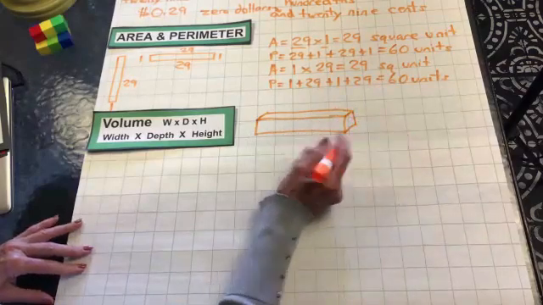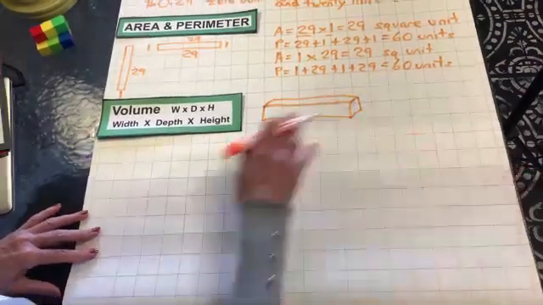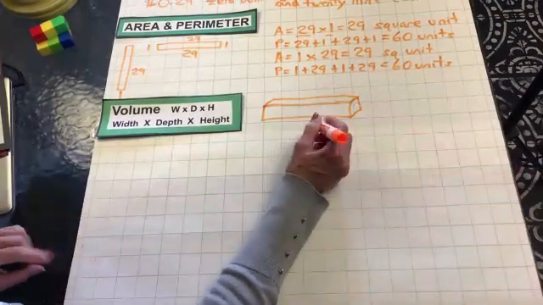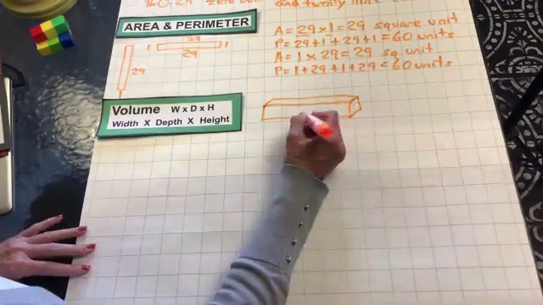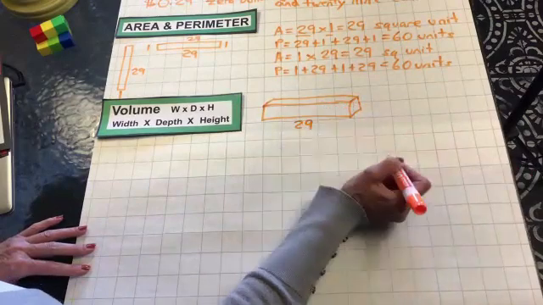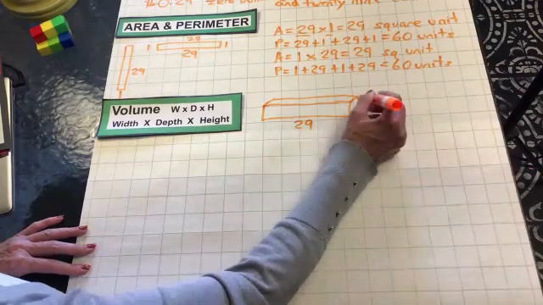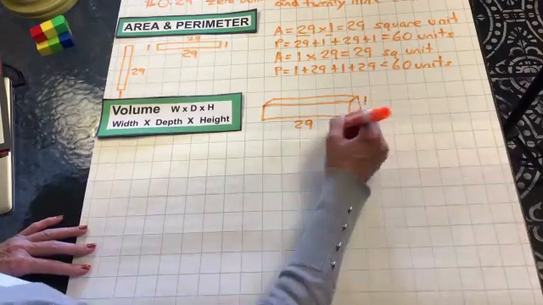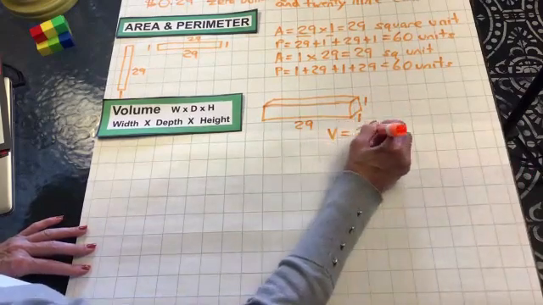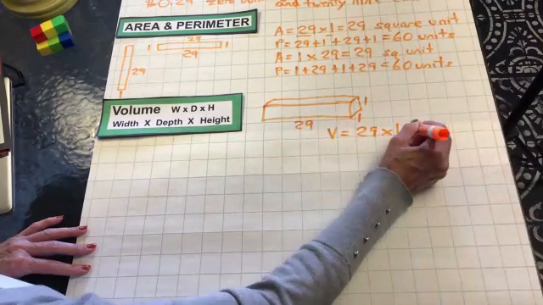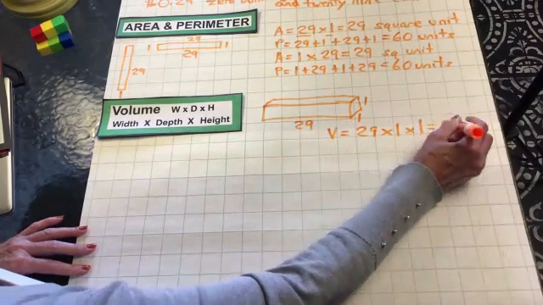If we have chart paper or grid paper, we're not actually going to use it in this way because it's going to get too big when we get to the bigger numbers. So we're going to say it's 29 wide by 1 deep by 1 tall. So that would be volume 29 times 1 times 1 equals 29.